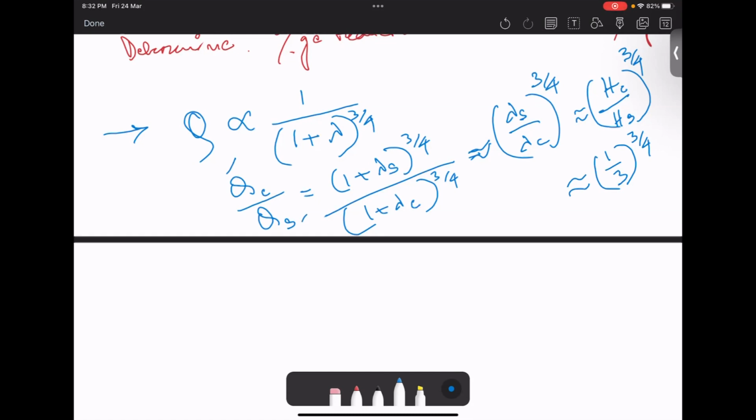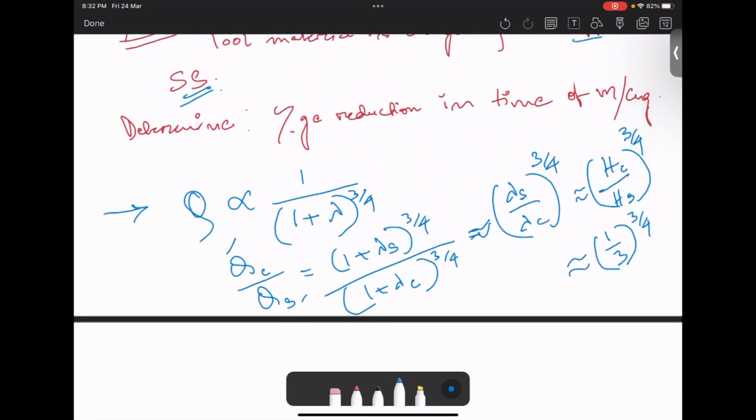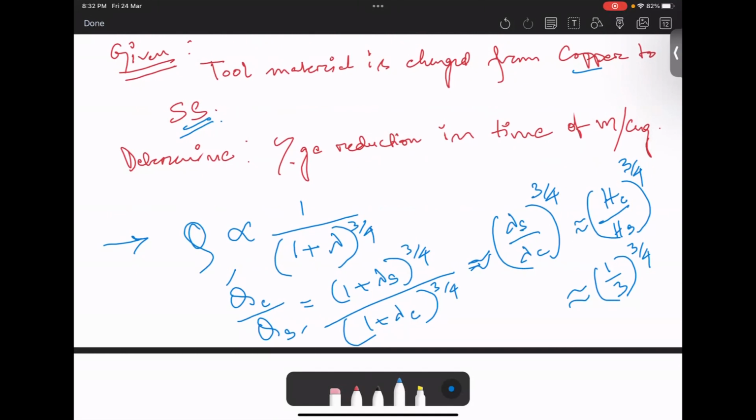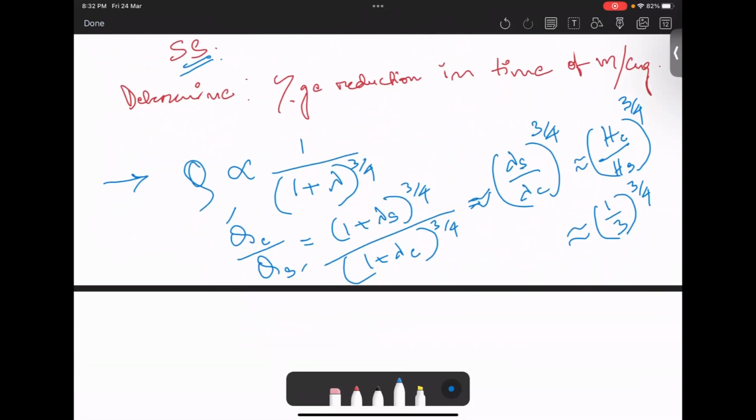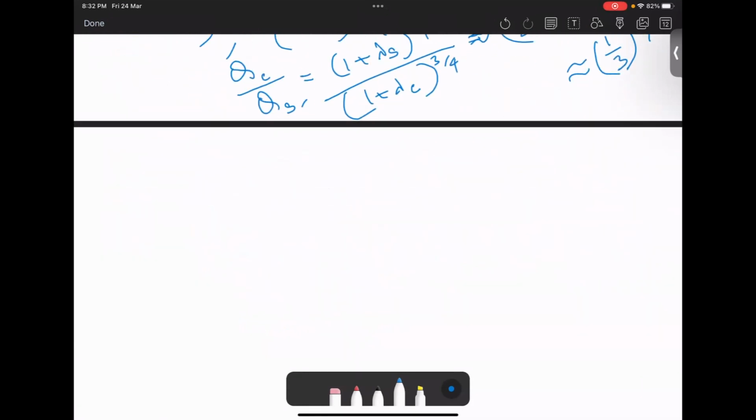Okay, so of course you know that the time of machining becomes inversely proportional to material removal rate, isn't it? So higher the material removal rate, lower is the time required for machining. So you have to find the change in time requirements. So TC by TS is inversely proportional to removal rate, so this becomes QS by QC, okay?